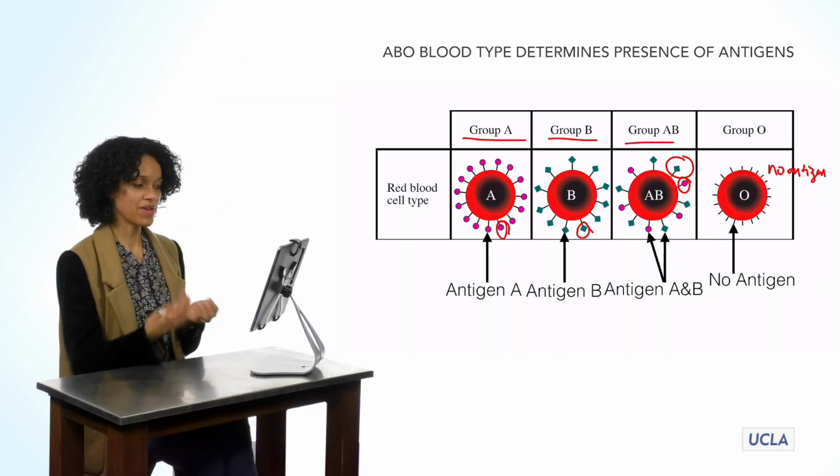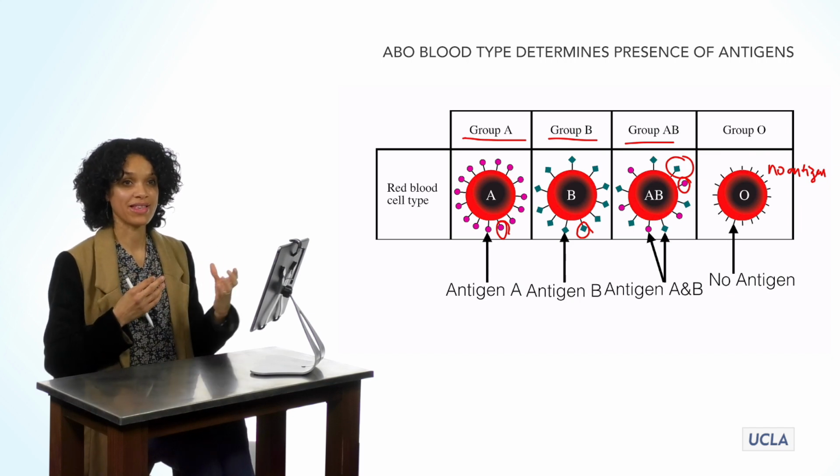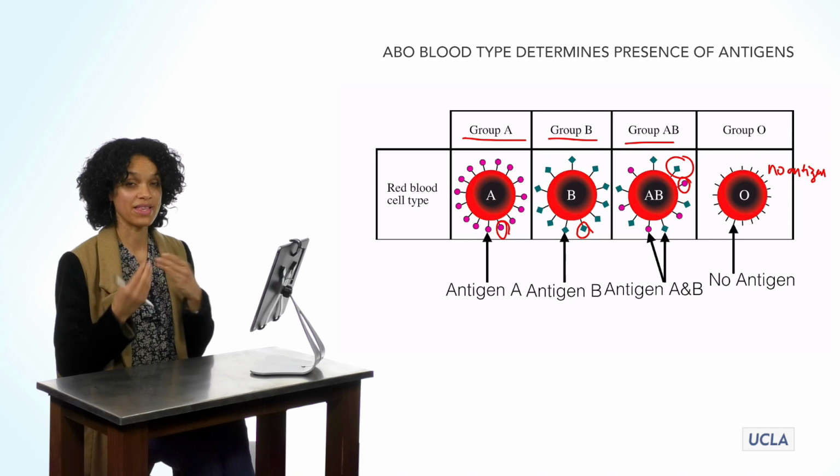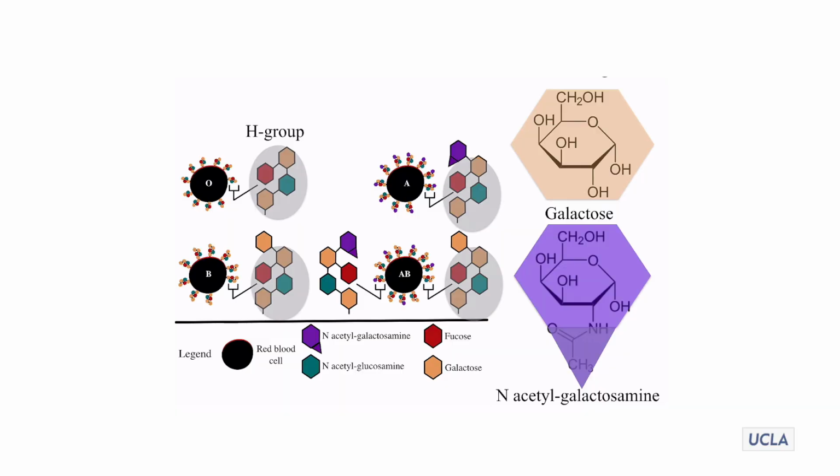But let's go into the actual molecular details of what these antigens mean. And this will also give us an idea of why you have dominance or recessiveness of these different alleles. What are these antigens? They're all actually polysaccharides, which are just little 6-chain sugars stuck together. So every single person, regardless of their ABO blood type, has something called an H group, which is just these 4 sugars stuck together in a chain.